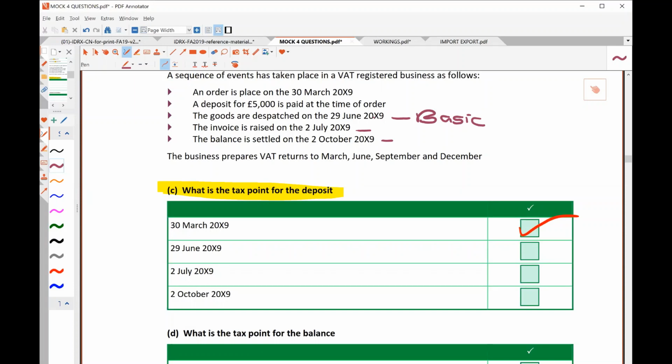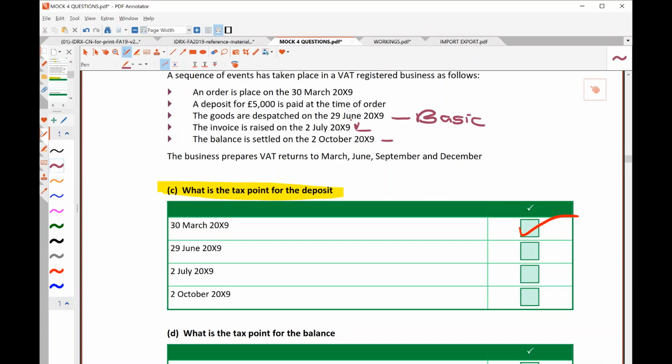Has an invoice been received within 14 days of the dispatch date, or of the basic tax point date? Yes, Amy, it has. You're absolutely right, because the invoice is raised on the 2nd of July, which is obviously within 14 days.